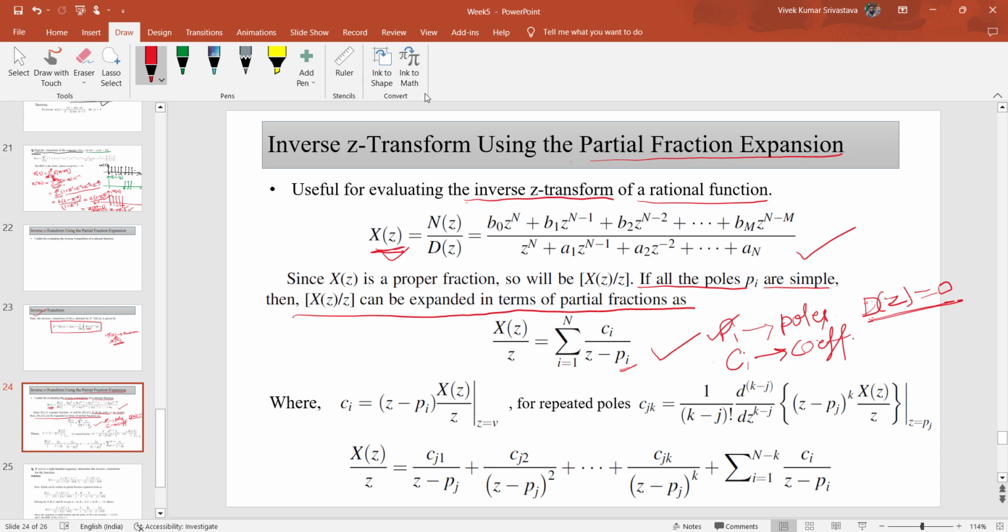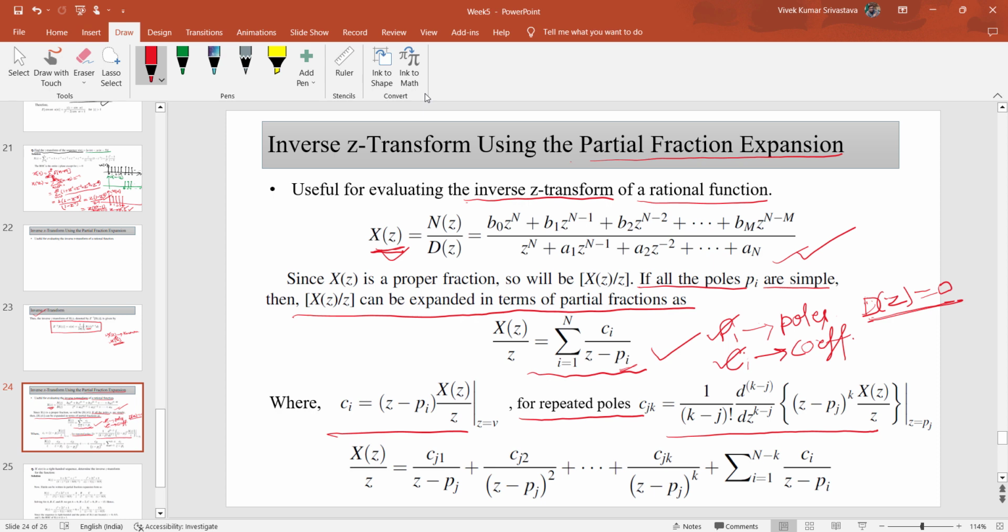Whereas for evaluating the coefficient, so as to simplify the expression X of z, we will use this expression, that is ci equals z minus pi times X of z over z. For repeated poles we will use this other expression. No need to worry, I will take an example to make it clear for you.